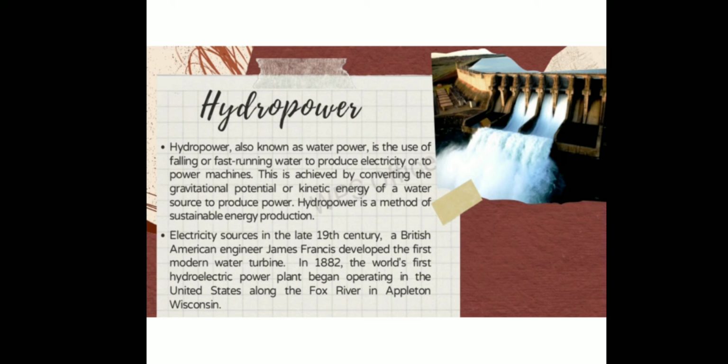In the late 19th century, a British-American engineer, James Francis, developed the first modern water turbine. In 1882, the world's first hydroelectric power plant began operating in the United States along the Fox River in Appleton, Wisconsin.